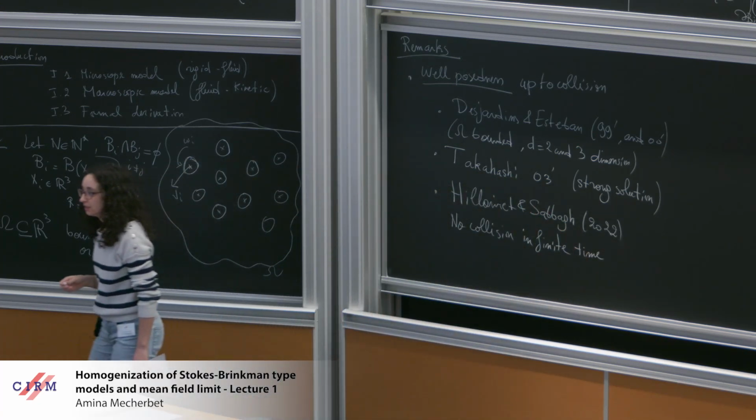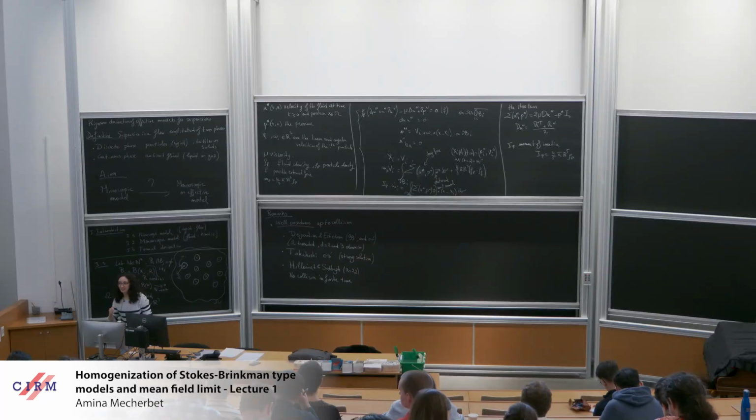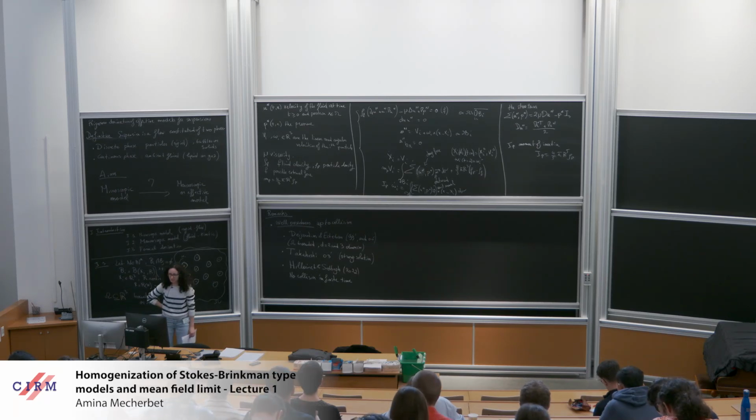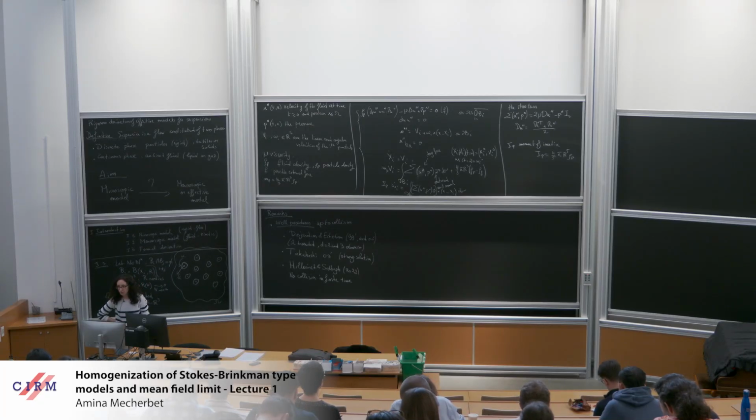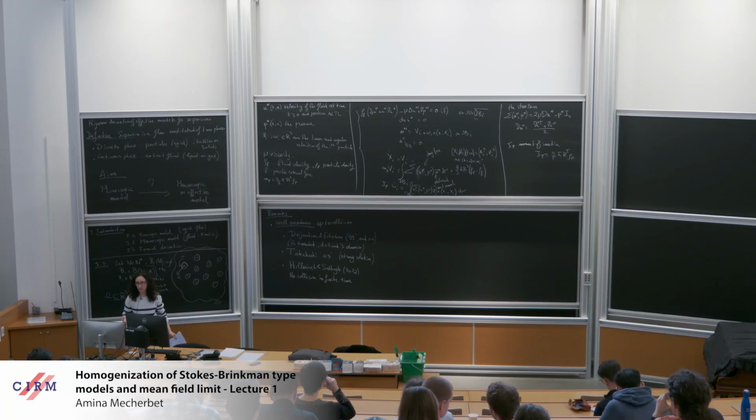Yes? What type of solution is it? So they don't specify it, but I think it's weak. And they also say that if you have some nice initial condition, you can also expect strong solutions. But the precise setting is not really described in the paper. So I think you can expect both when it's reasonable.